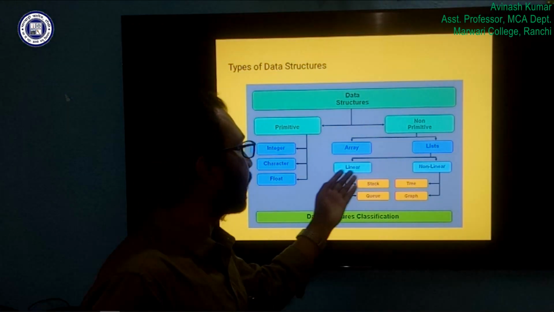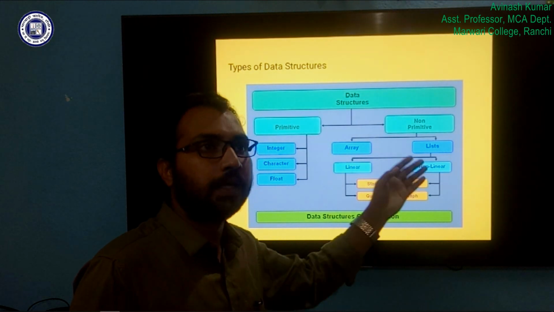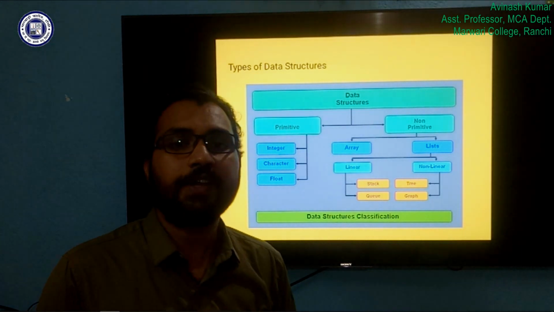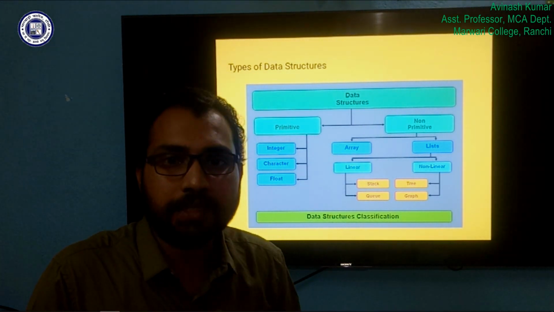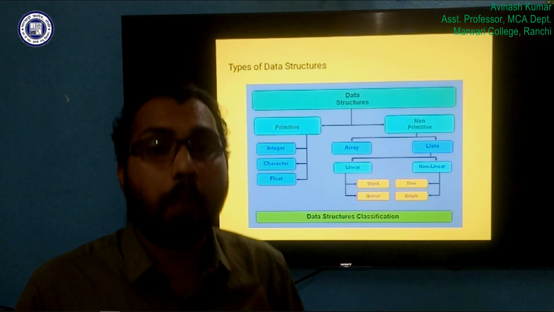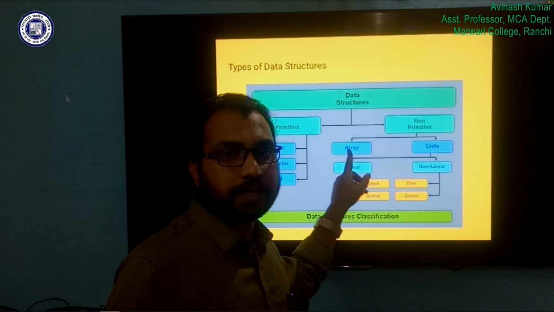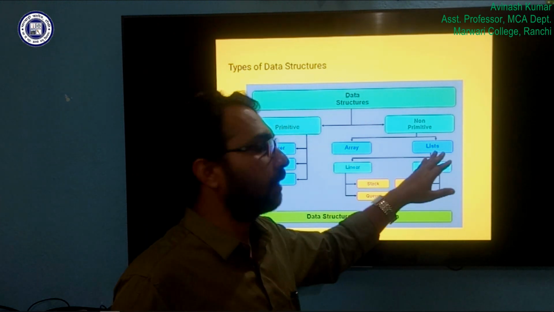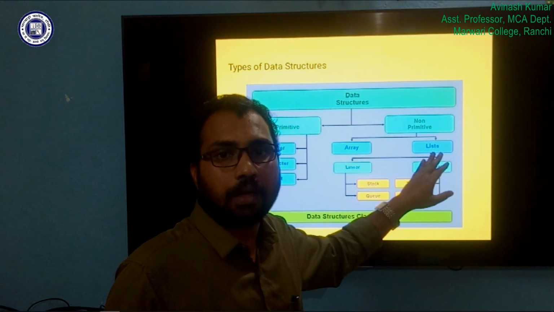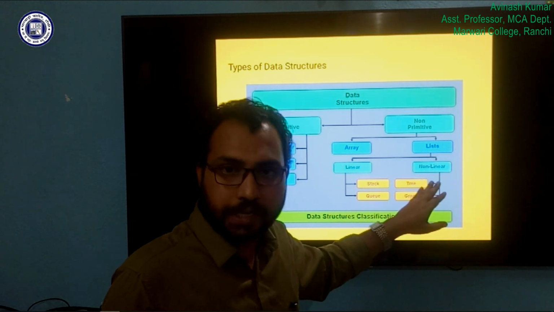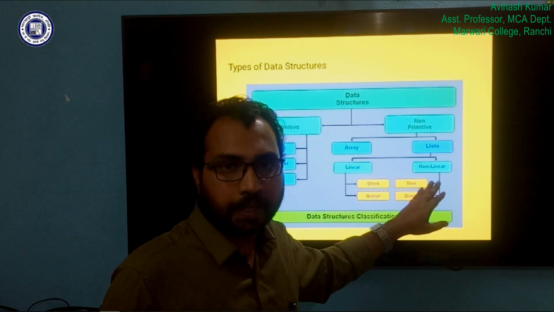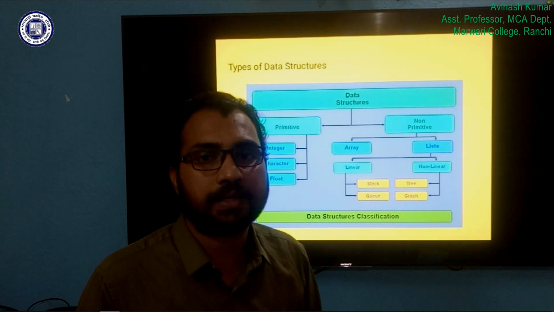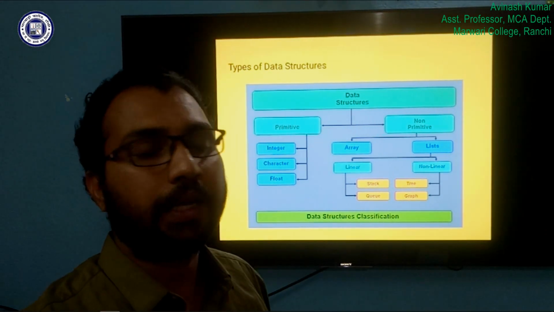So linear and non-linear accessibility signifies that if we have a data structure with 5 elements, then all those elements will be accessed one by one in case of a linear data structure, that is, those based on arrays, whereas in case of lists or linked lists, that is, of non-linear nature like trees and graphs, all the elements or the required element can be accessed in a random manner, that is, in a non-linear manner.